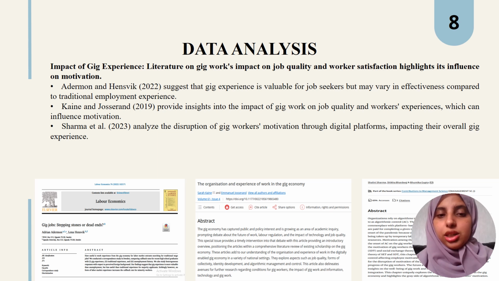Kanye and Doskarna 2019 provide insight into the impact of gig work on job quality and workers' experience, which can influence motivation. Sharma et al. 2023 analyzed the distribution of gig workers' motivation through digital platforms impacting their overall gig experience.